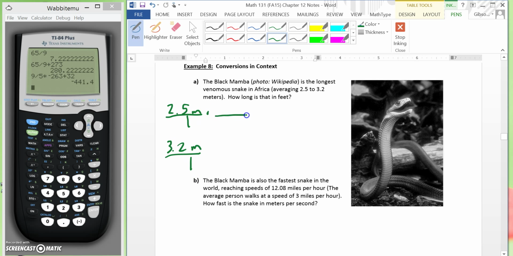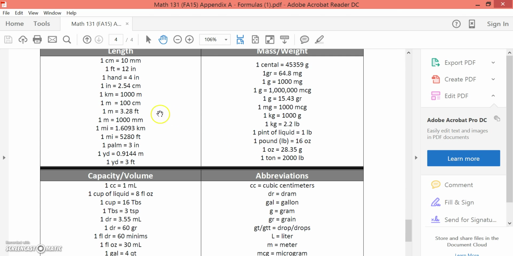So we will put both of these over 1. Now we will multiply. Now we saw before that we do have a measurement for feet and meters. If we look right here, 1 meter is equal to 3.28 feet.